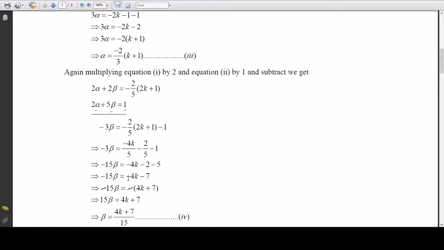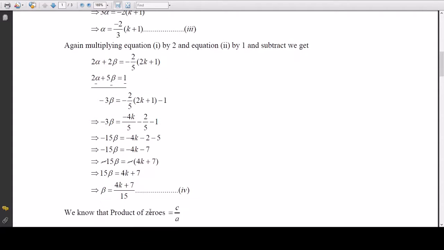Taking minus common and cancelling the minus from left and right, 15 beta equals 4k plus 7, so beta equals (4k plus 7) by 15. Mark this as equation number 4.